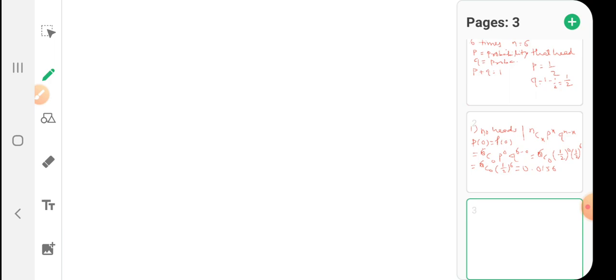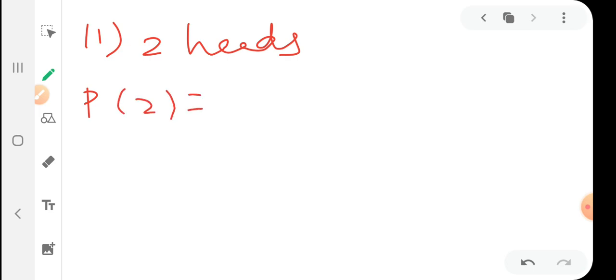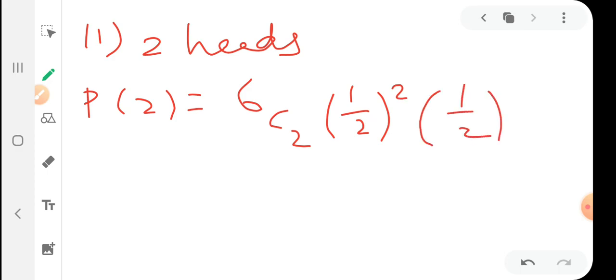Next part. What is the second part now? Second part, yes, two heads. The problem is in front of you, you have written it, two heads means P of 2. P of 2 or you may call it f of 2. See what happens, 6C2, 1 by 2 its square into 1 by 2, this is P and Q, P is 1 by 2 and Q is also 1 by 2, into 1 by 2 raised to 6 minus 2.